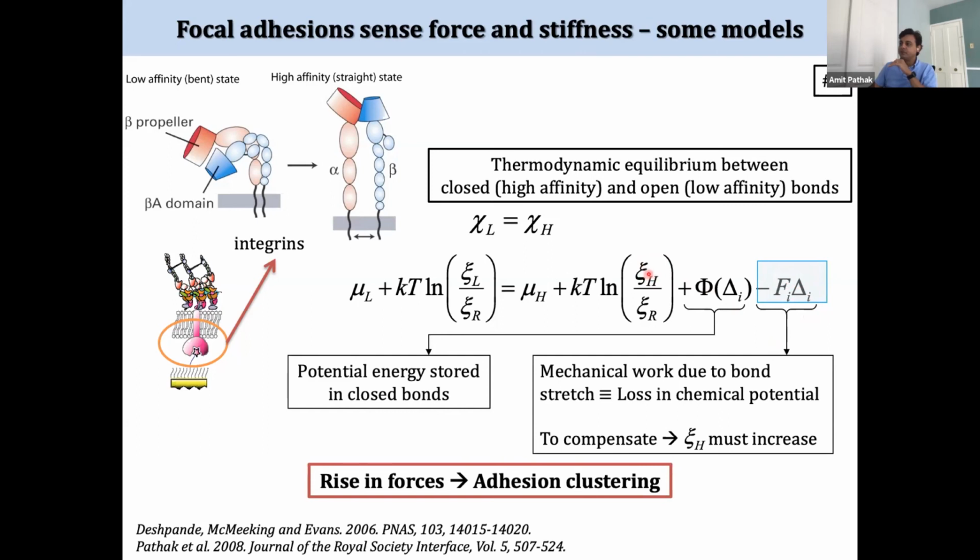So this balance between psi h and this energy loss due to exertion of forces and the bond stretch is how focal adhesion keeps turning over, keeps growing. So if the forces and the bond stretch are low, there will not be a loss in energy. There is no reason for the adhesion size to go up, which is psi h. So rise in forces leads to adhesion clustering. And if the forces are reduced, the adhesion remains stable, it doesn't grow.